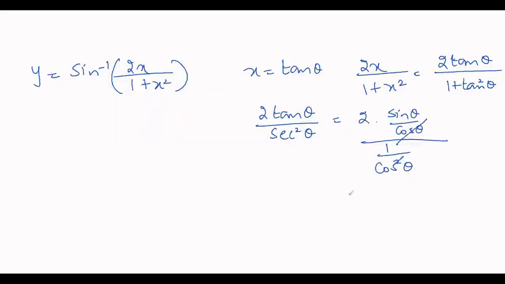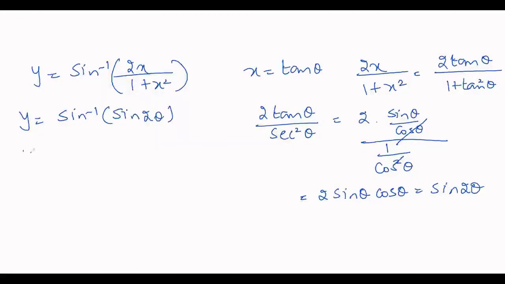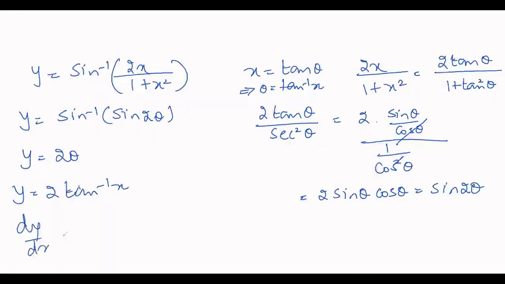That results in 2 sin theta cos theta, which in turn we know is simply equal to sin 2 theta. So I'm going to rewrite my y as sin inverse of sin 2 theta. So y is equal to 2 theta. Based on this substitution, we know theta is equal to tan inverse x. So y is 2 tan inverse of x, and dy by dx is equal to 2, a constant, times the differential of tan inverse x, which is 1 by (1 plus x squared). Rewrite my answer: 2 over (1 plus x squared).